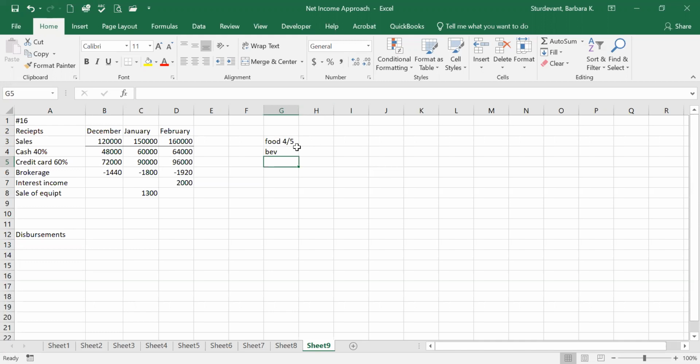Beverage is 1/5. So we have to split our sales into food sales and beverage sales because their food costs and the beverage costs are 2 different percentages. So basically our sales are 5 parts.